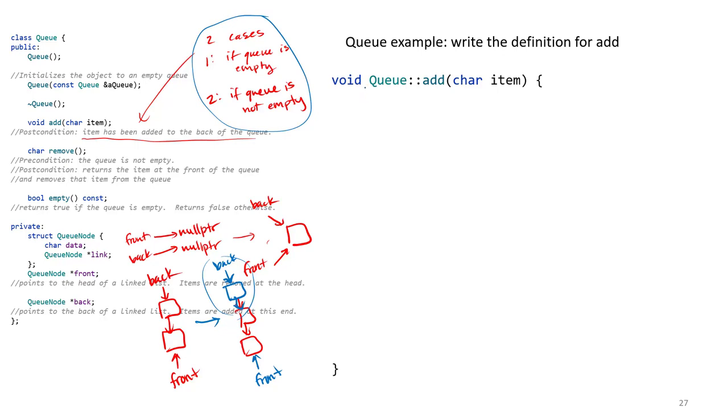So first we want to check if our queue is empty. To do that, we could simply check by calling our empty function, or we can check whether both front and back point at null.